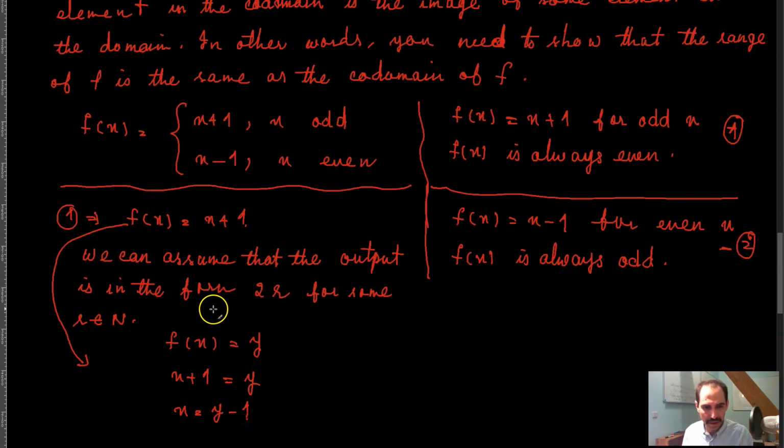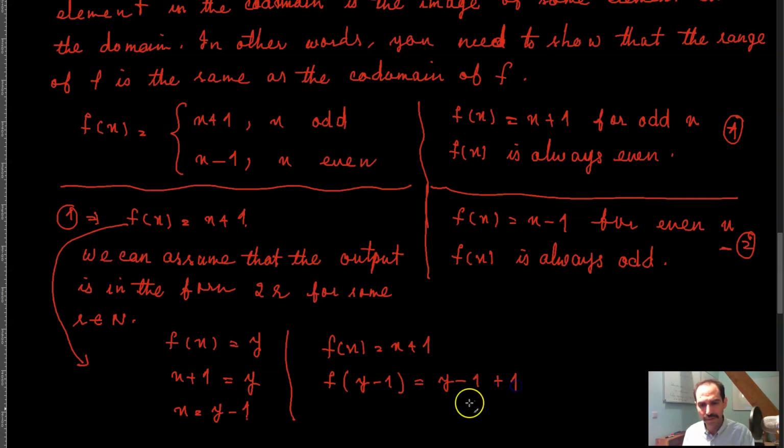So if f of x is equal to x plus 1, then I can write x as y minus 1, and x is equal to y minus 1, again plus 1, so f of y minus 1 is equal to y.